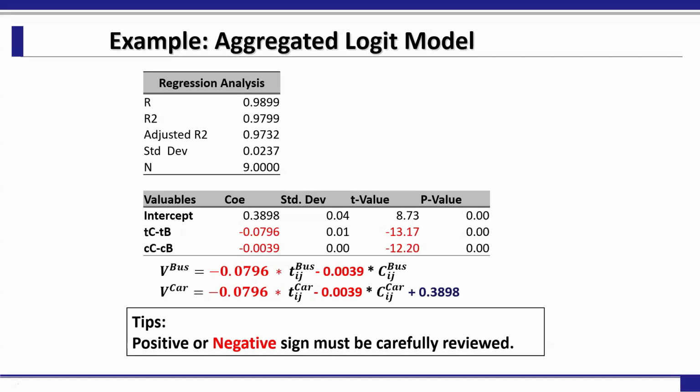For example, when the travel time and travel cost parameters are positive, it means longer travel time modes are selected by the users. No one considers that. Sometimes longer and more expensive travel modes are selected by users. This means the survey was wrong or the model was wrong. So you need to carefully check the positive or negative sign of the parameter.